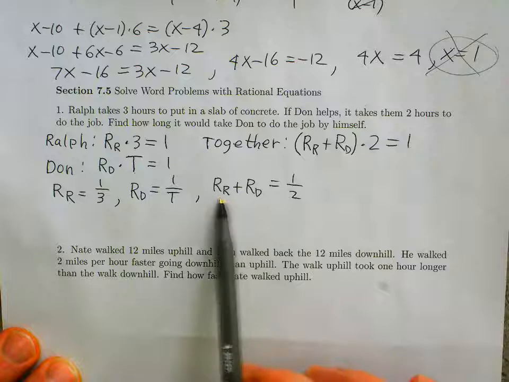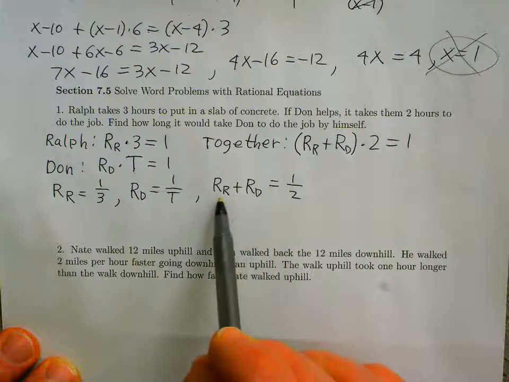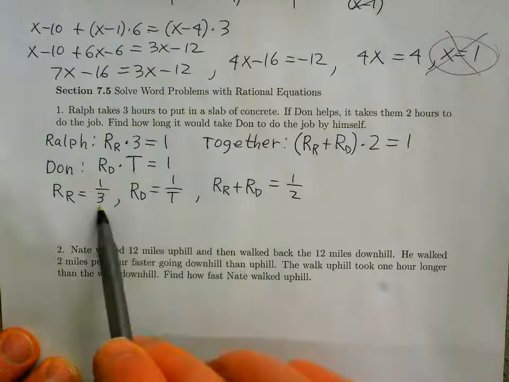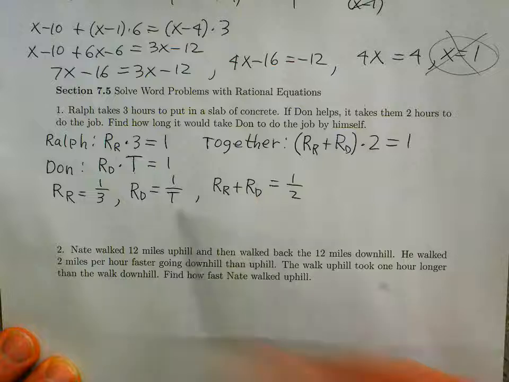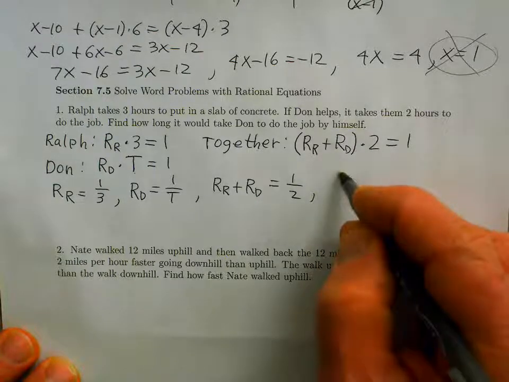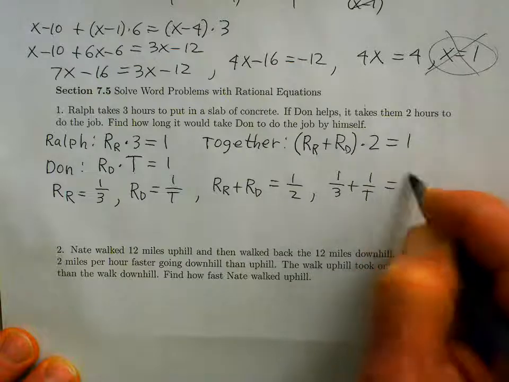Okay, so in this equation, Ralph's rate plus Don's rate equals 1/2. We're going to replace Ralph's rate with 1/3, and Don's rate, we will replace with 1/t. So we get 1/3 plus 1/t equals 1/2.